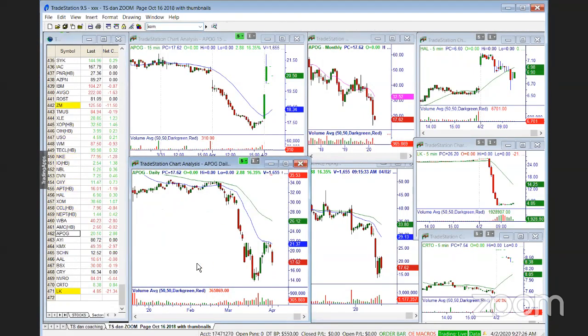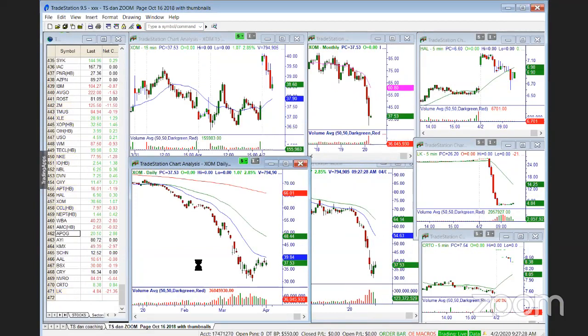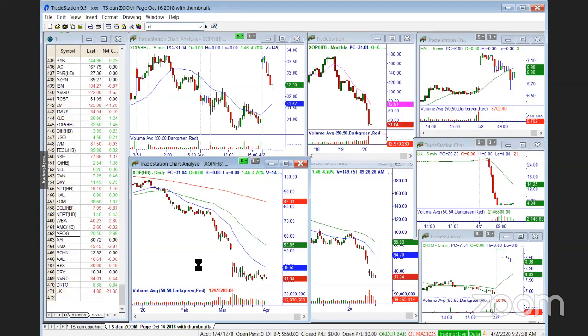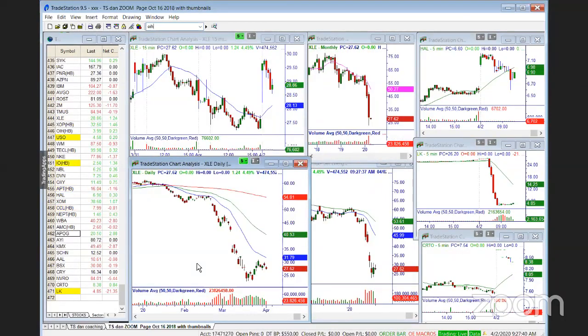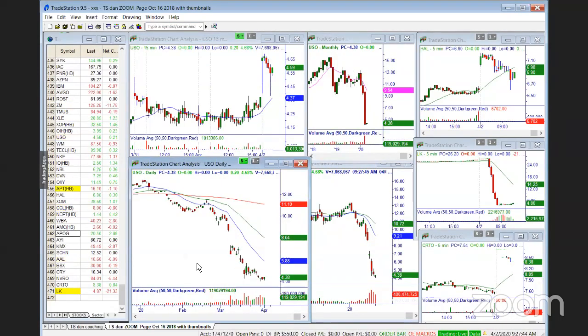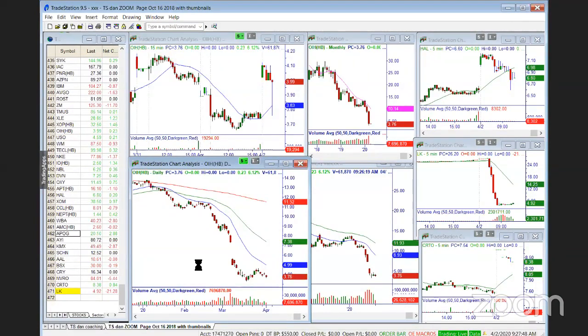Yeah, I want to scan all the oil sectors today. If XOM can get above there. So XOP, XLE, OIH. Yeah, let's scan them all. Wow, OIH under $4.